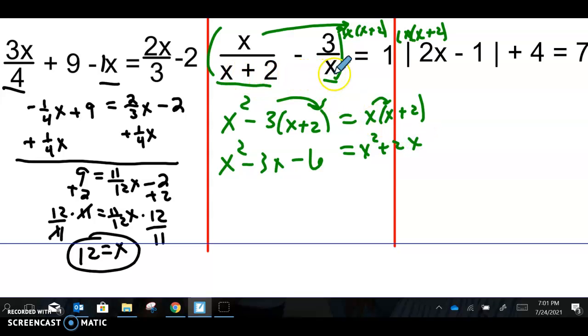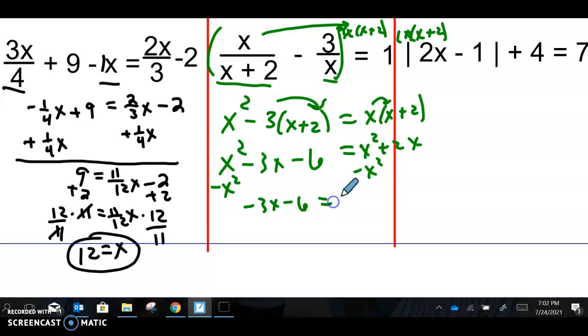The beauty of multiplying by the common denominator is that you end up with an equation with no denominators, because each time you multiply, the denominator crosses out. And then you do have to multiply the old numerator by whatever's left. We'll get our x squareds on one side, which wipes those out. x squared minus x squared is 0.